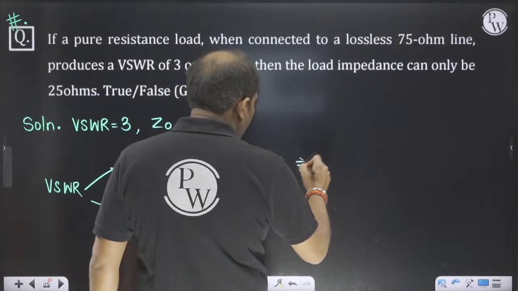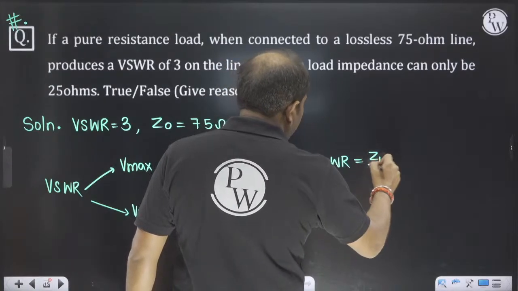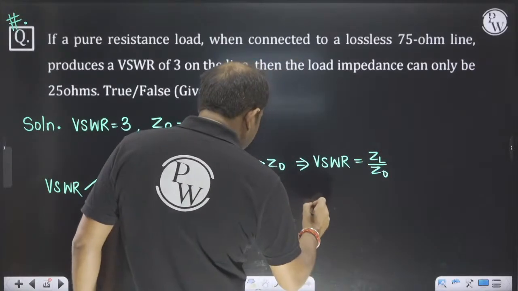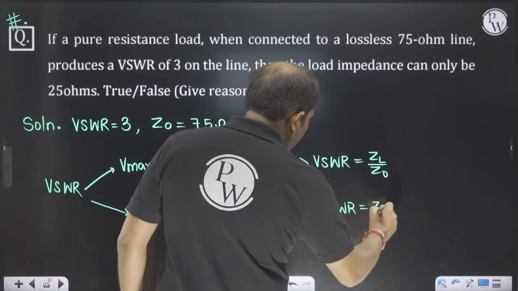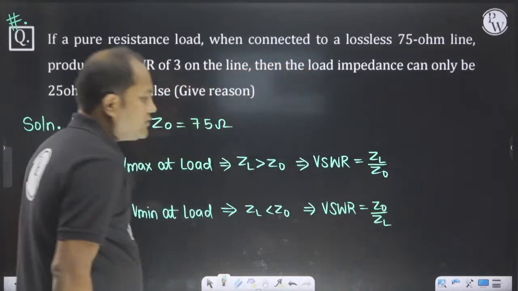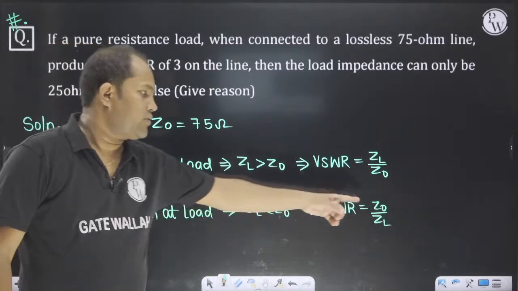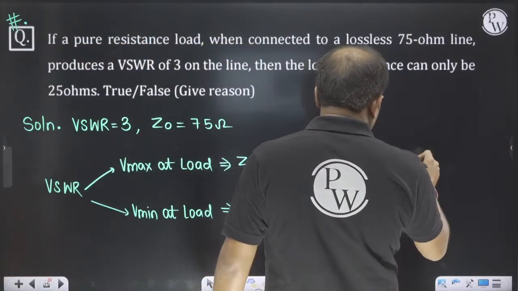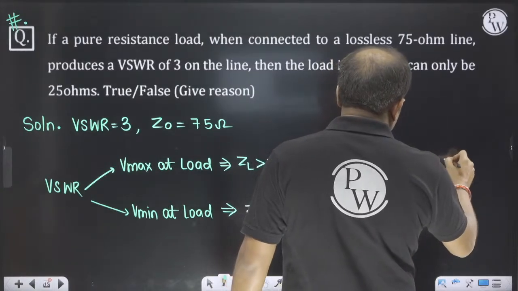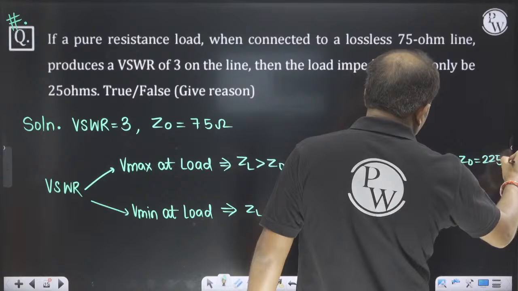So VSWR will be ZL upon Z0 since ZL is greater, and Z0 upon ZL since ZL is lesser. So this is the formula for VSWR. Then VSWR is given as 3, so ZL is 3Z0, which is 225 ohm.